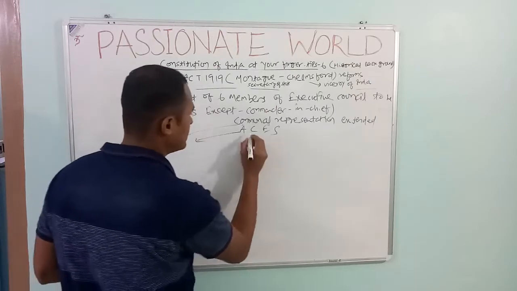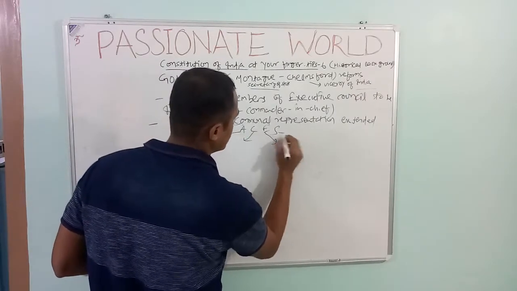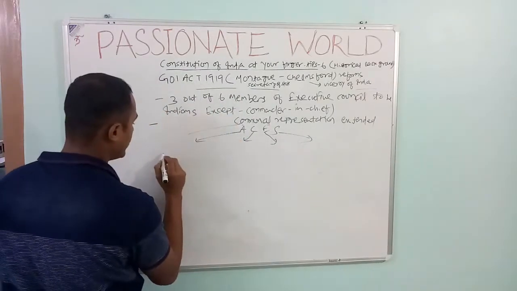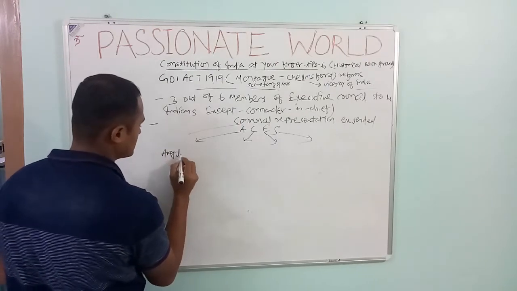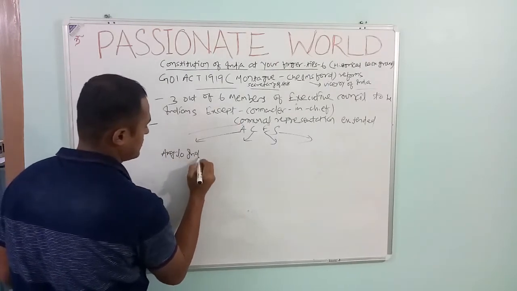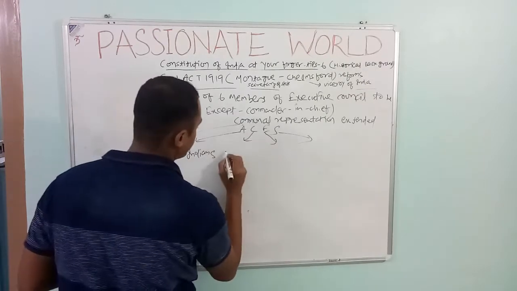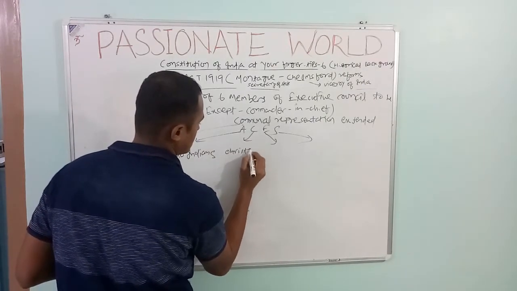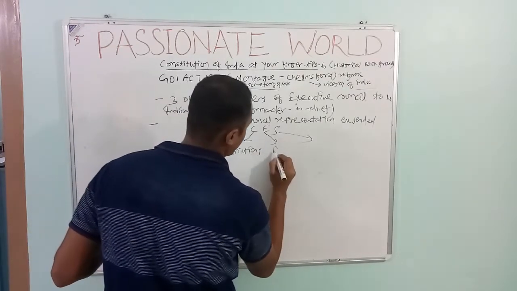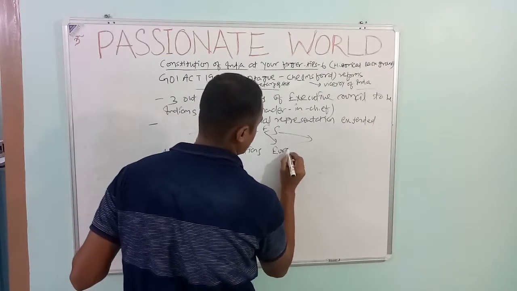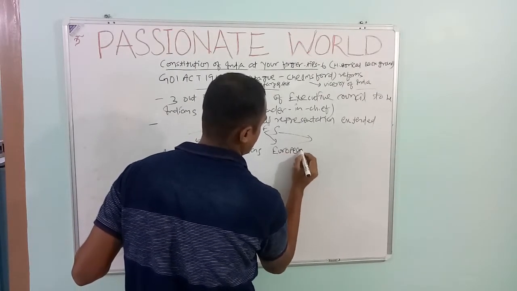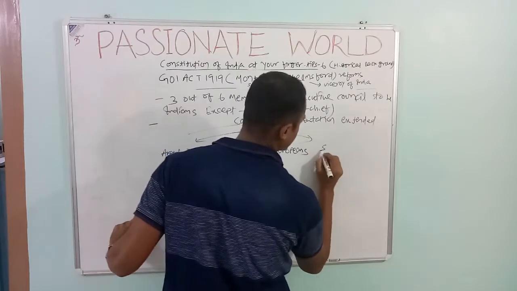Many of you might know about aces. That is A for Anglo-Indians, C for Christians, E for Europeans, and S for Sikhs.